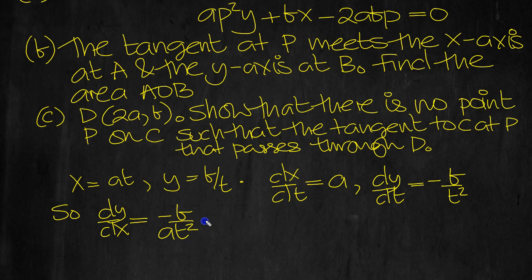So we've got that. At P, the parameter p, this is the point (ap, b over p).